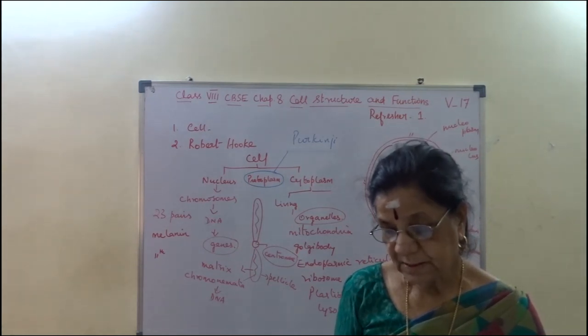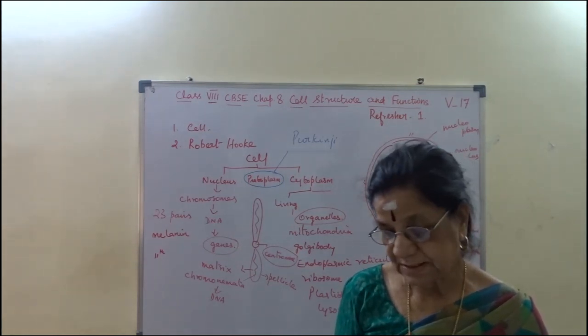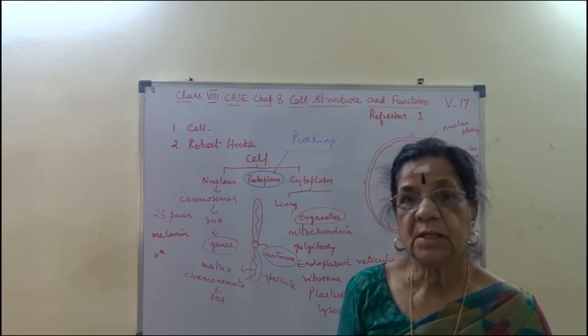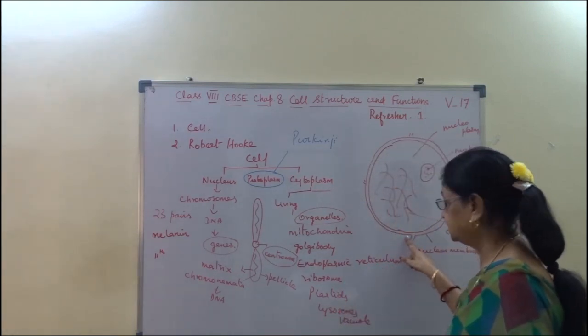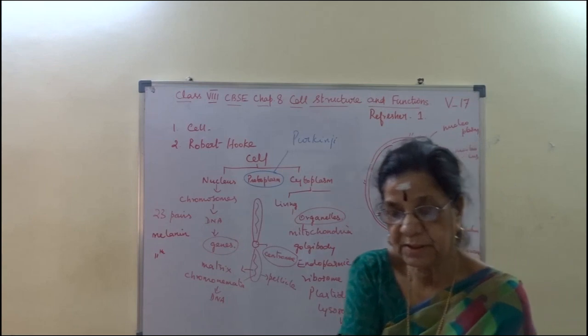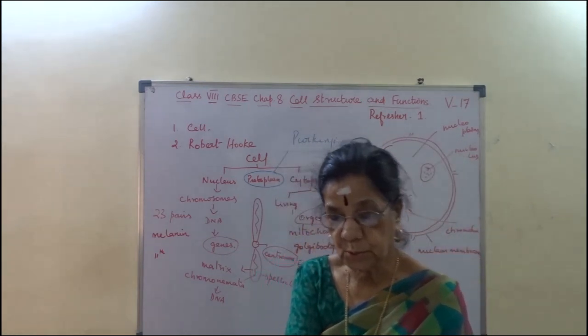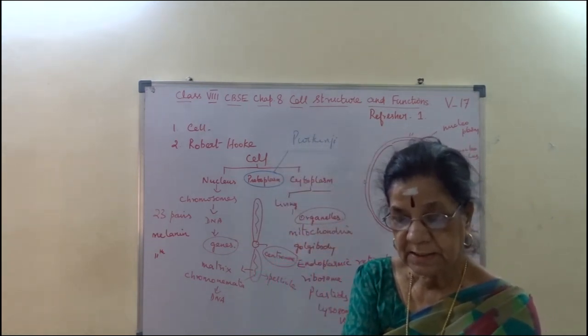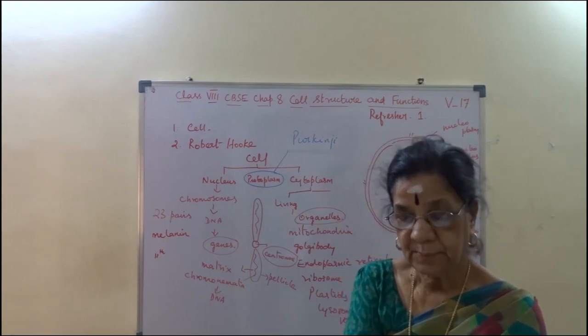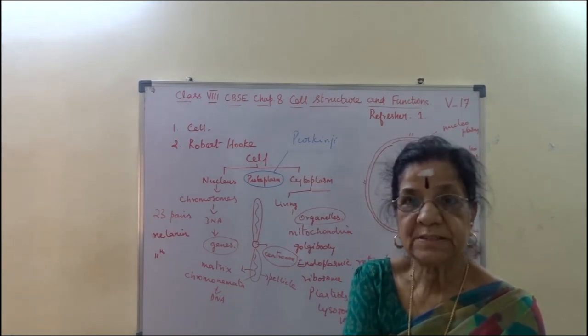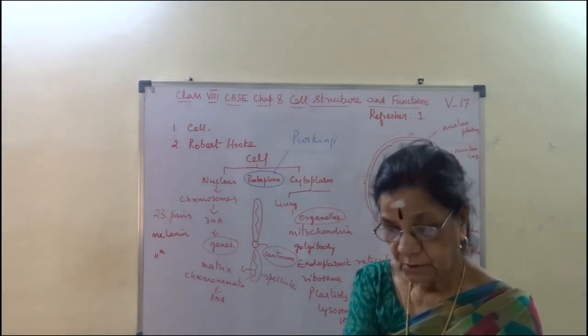The nucleus is separated from the cytoplasm by a membrane called the nuclear membrane. This is the nuclear membrane, and it is also porous and allows movement of materials between the cytoplasm and the nucleus.